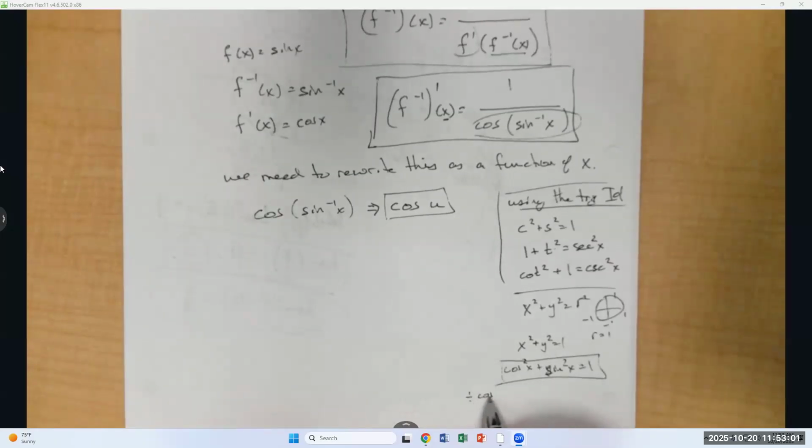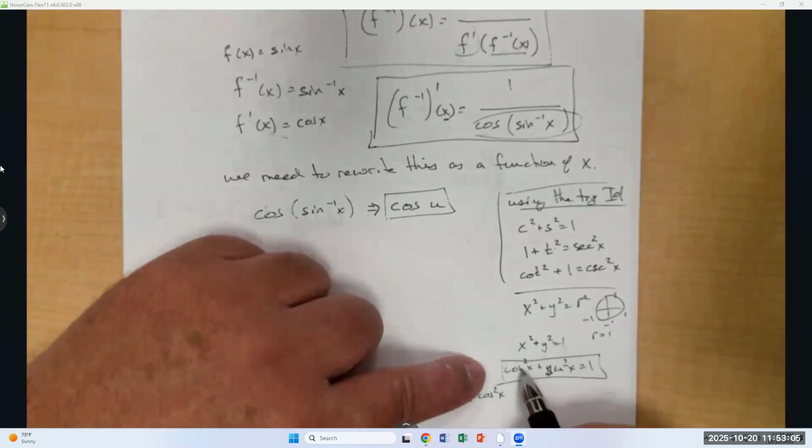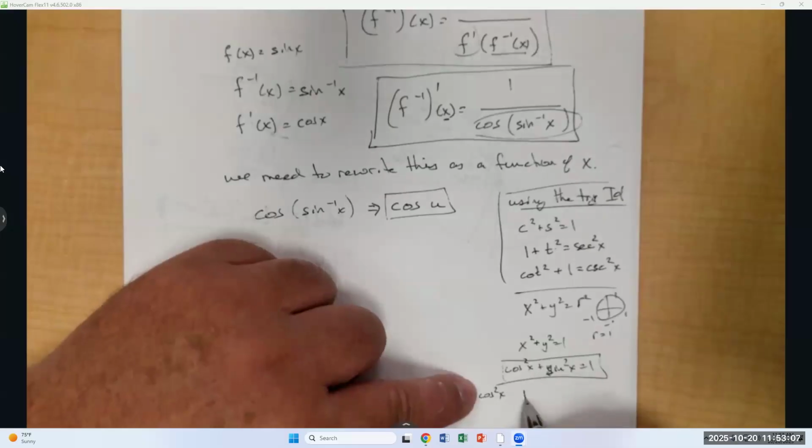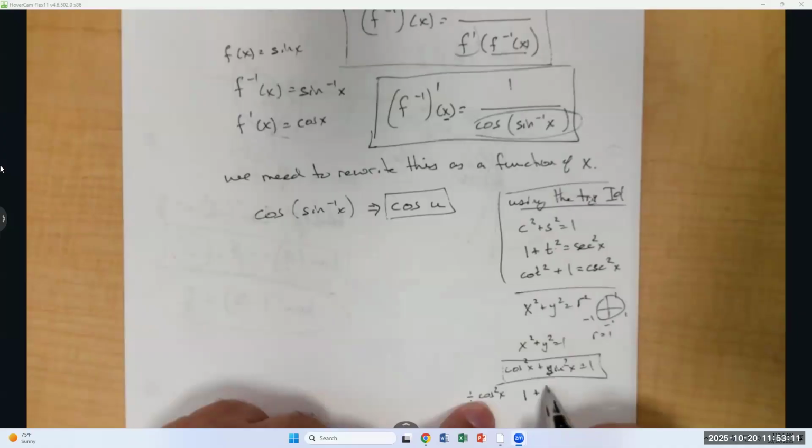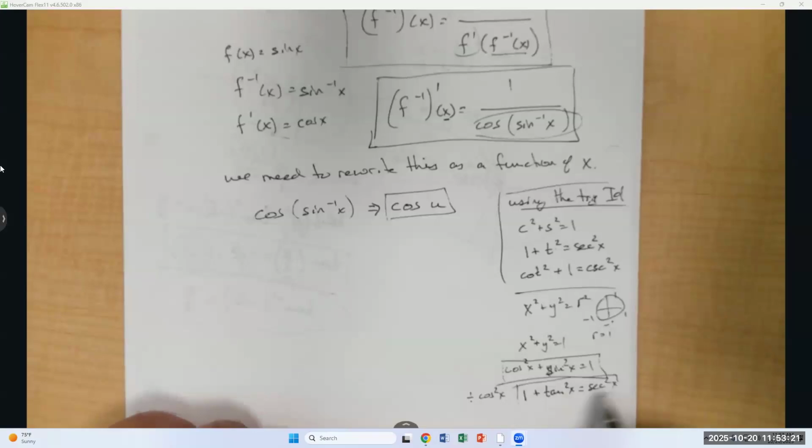If we divide each term by cosine squared, cosine squared divided by cosine squared is 1. Sine squared divided by cosine squared is tangent squared. 1 divided by cosine squared is secant squared. There's a second trig identity.